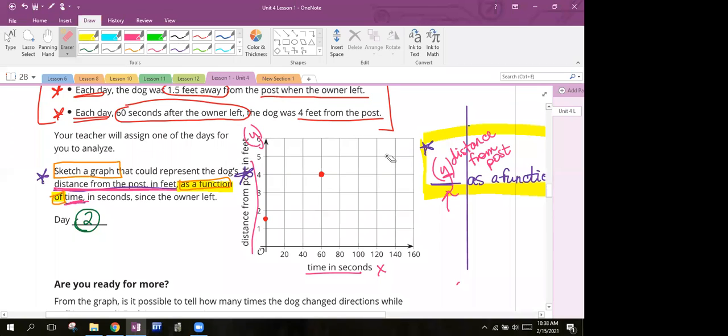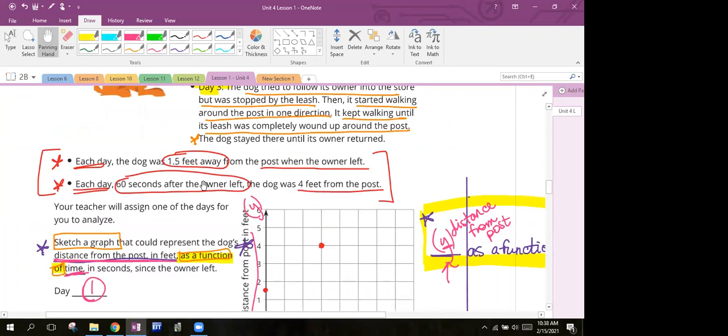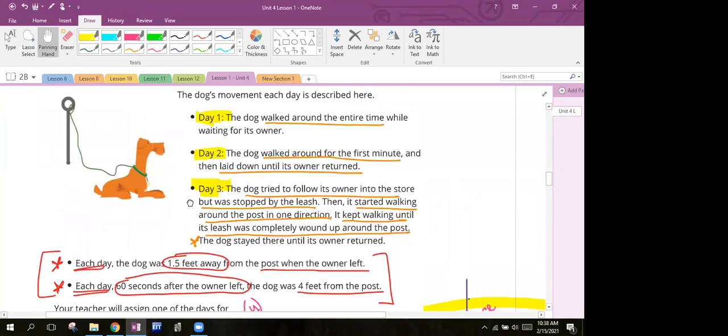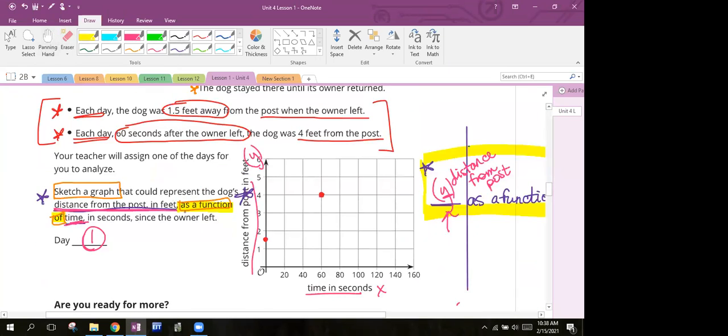All right, so for the day 1, now yours may not look exactly like this, so don't erase it if you got something slightly different. But this says the dog walked around the entire time while waiting for its owner. Okay, so the only thing to remember is to make sure that it stays a function.